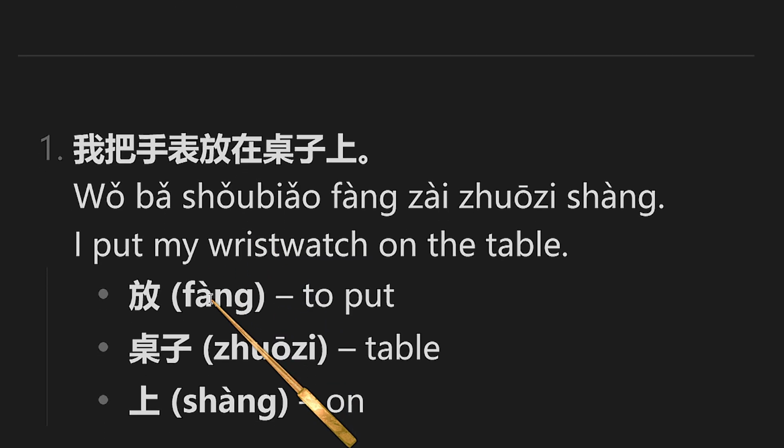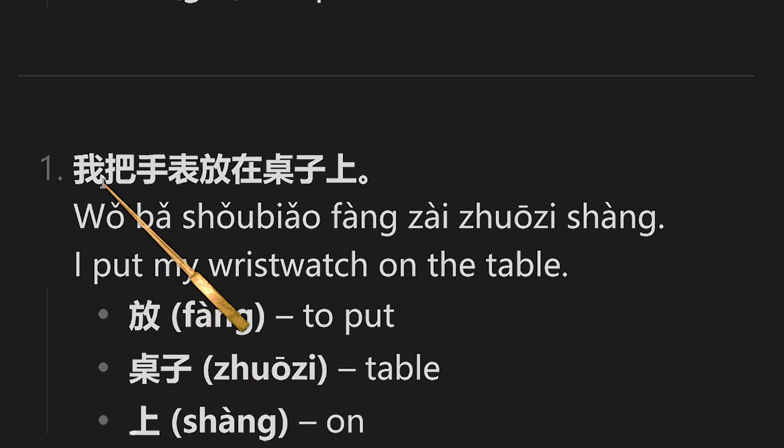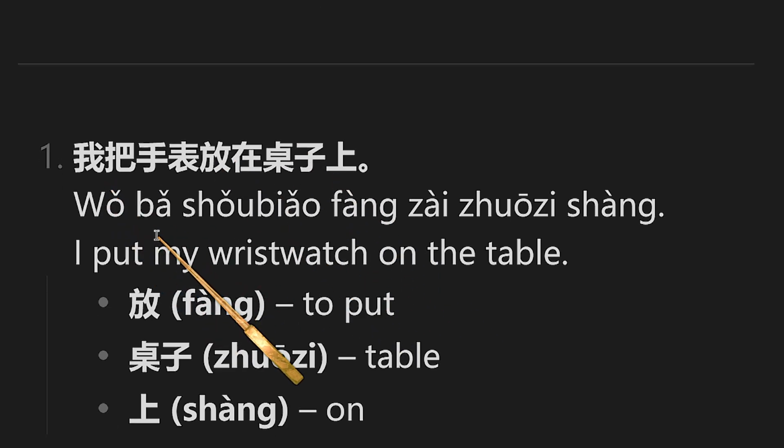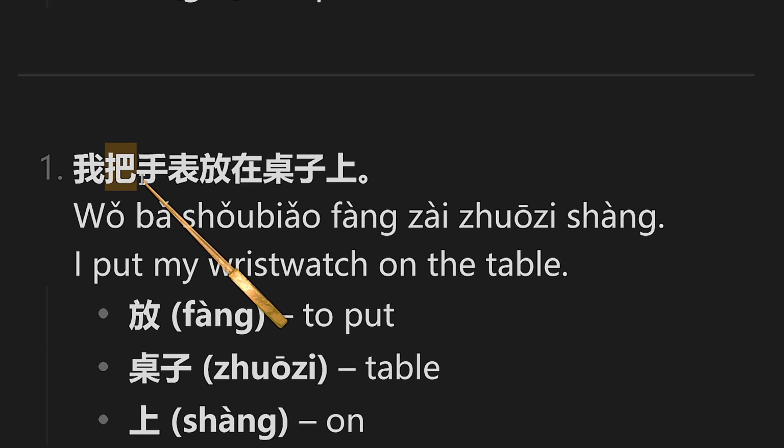I put my wristwatch on the table. 我把手表放在桌子上。我把, you can say 把 is a particle for creating passive, but you can just translate it like I take.